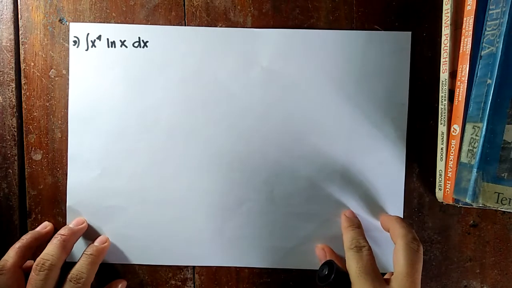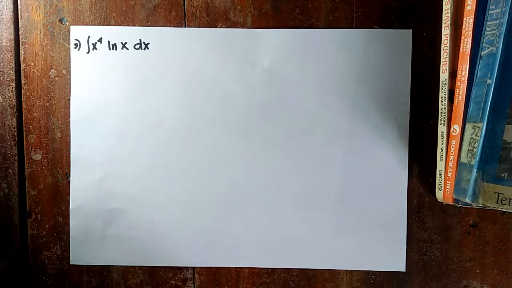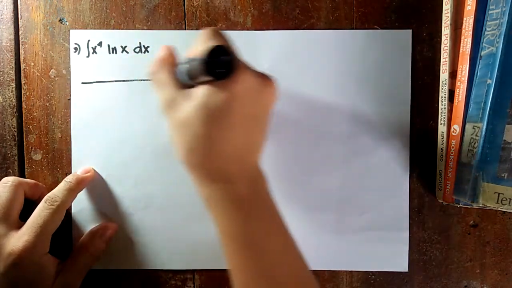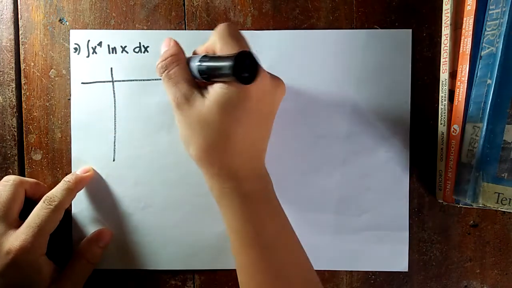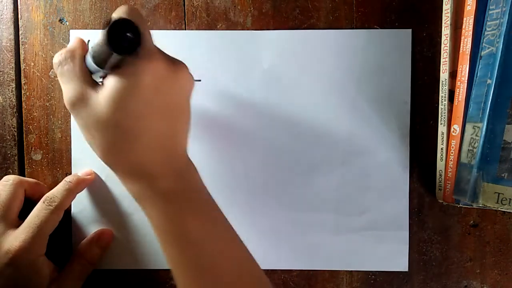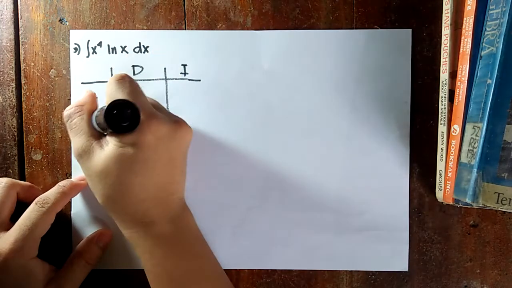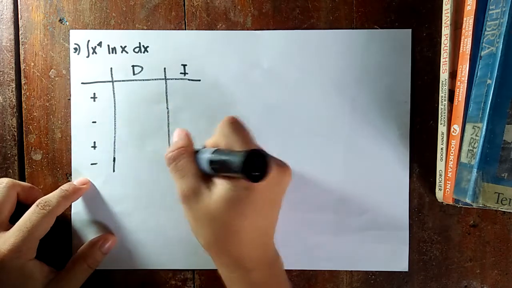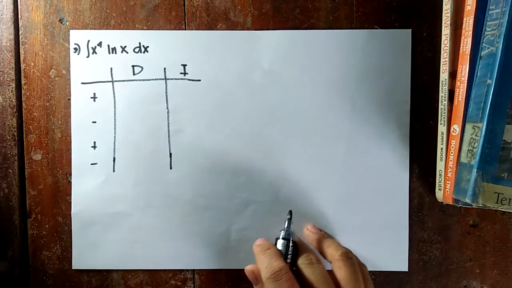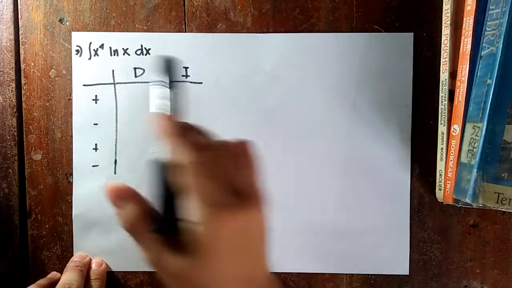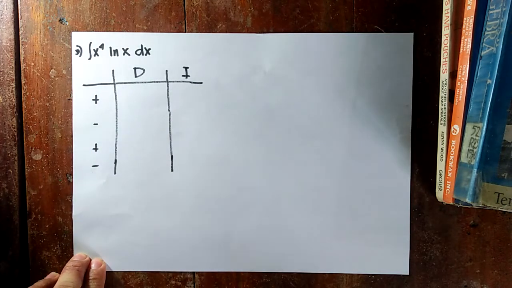Now let's move on to our last equation, which is the integration of the product x to the fourth ln x dx. Let's now again make columns of D and I and designate positive, negative, positive, negative. Again, let us choose whether these two functions will be in the derivative column or the integral column.